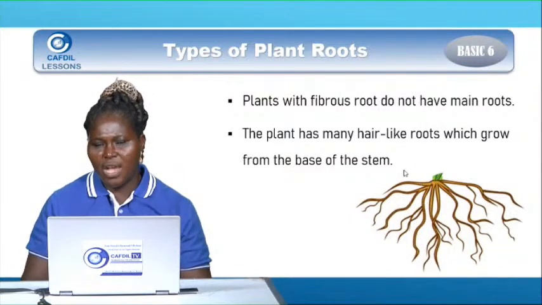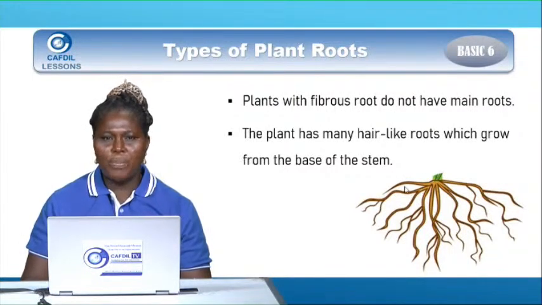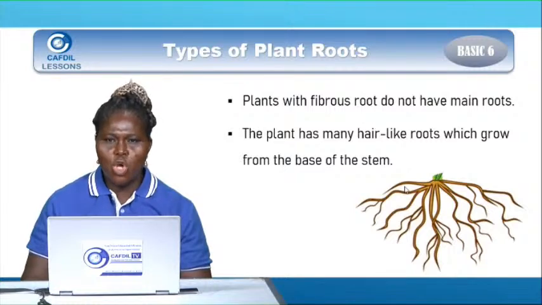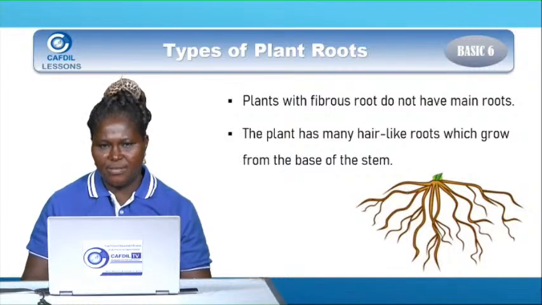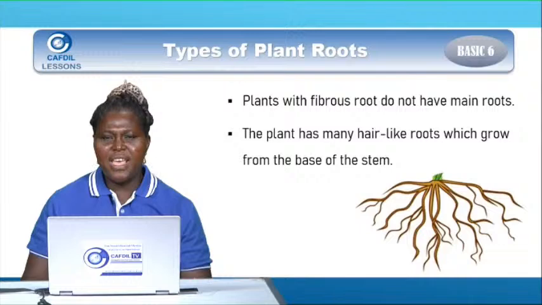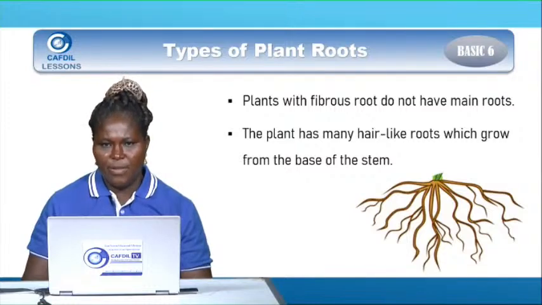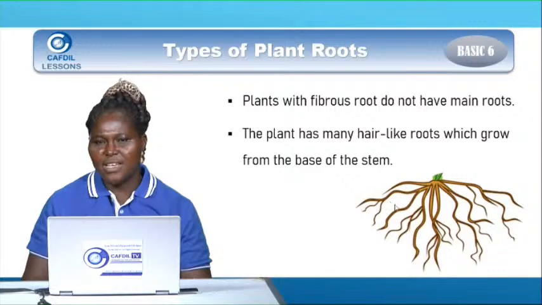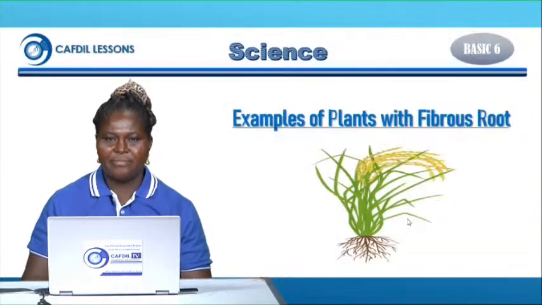Now all the roots are growing from the base of the stem. So plants with fibrous roots do not have main roots. The plant has many hair-like roots which grow from the base of the stem, as we can see on our screen.